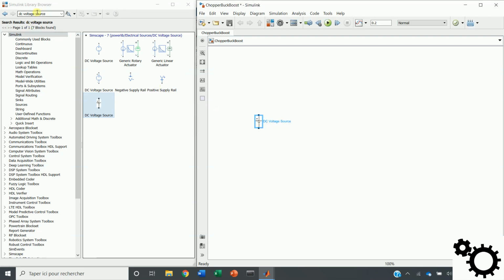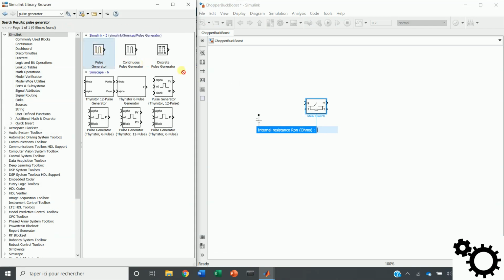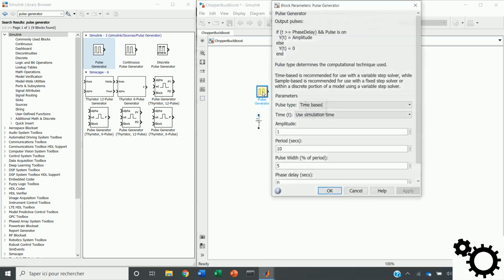Then we need an ideal switch with a pulse generator for controlling the switch. We will choose a frequency of 20,000 Hz and a duty cycle of 75%.